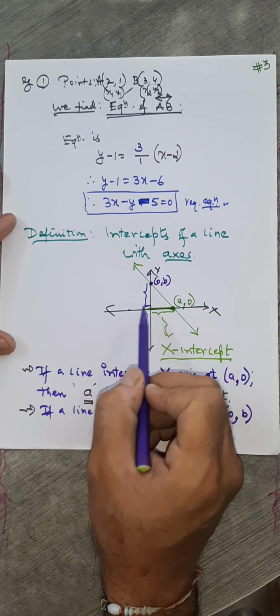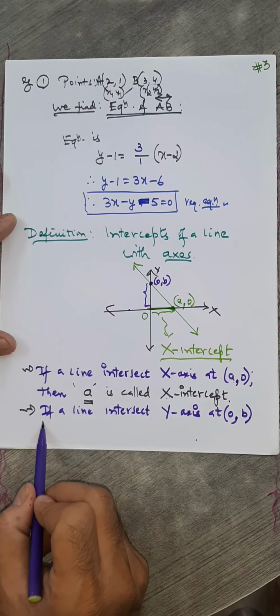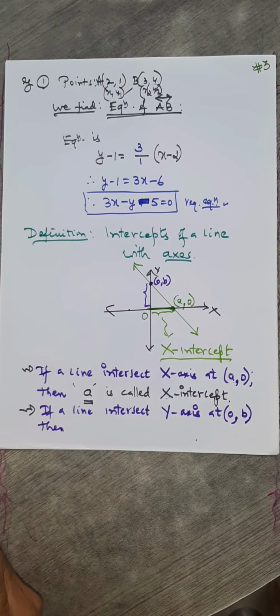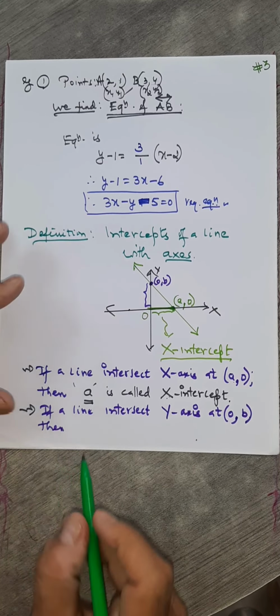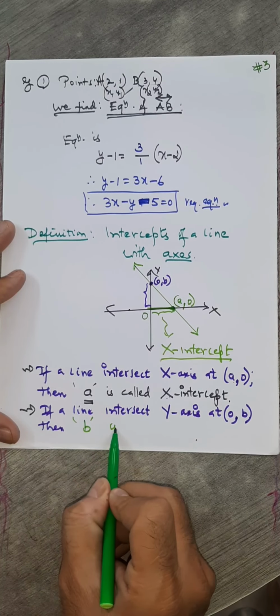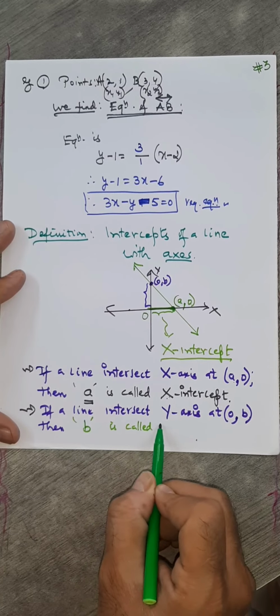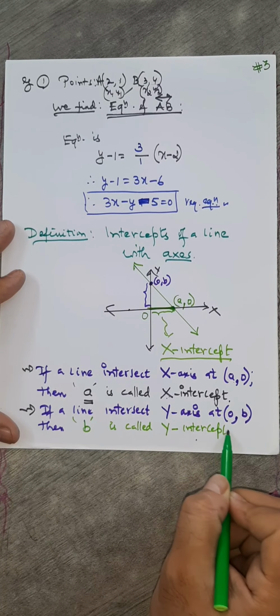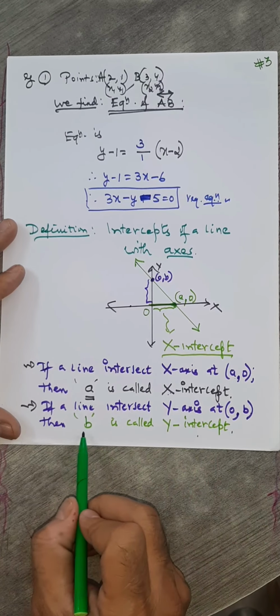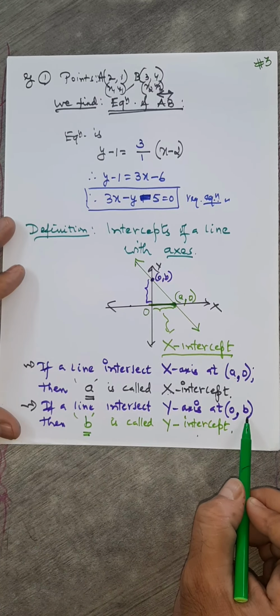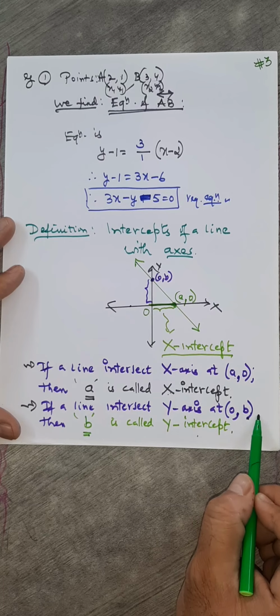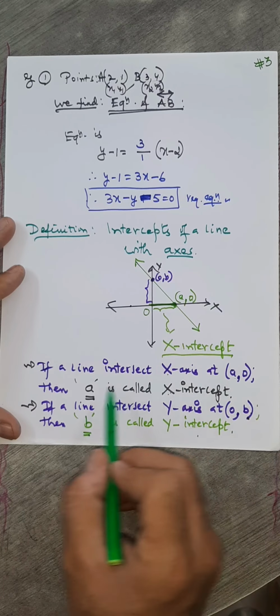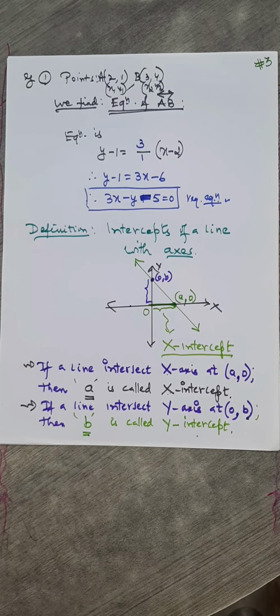So this becomes the y-intercept. Then that b is called the y-intercept. So what is the y-intercept? It is the point where the line intersects the y-axis. What is the x-intercept? It is the point where the line intersects the x-axis.